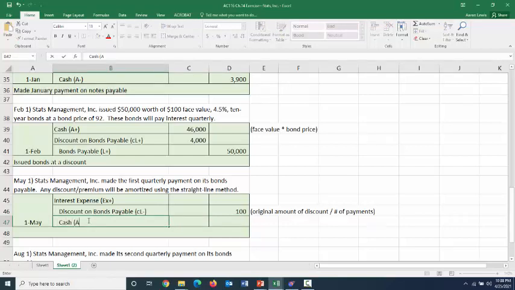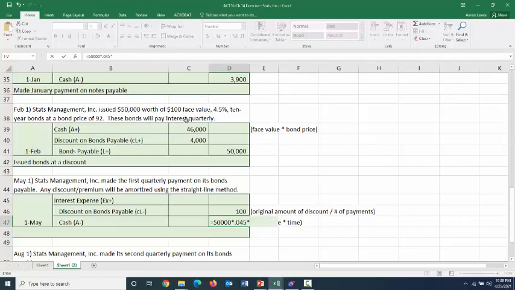Next up, we have a credit to cash for the actual amount of interest that we are paying, which you can find by taking face times rate times time. So what is the face value of these bonds that we are paying interest on? As we see in our February 1st entry, they have a face value of $50,000. The stated rate is 4.5%, so 0.045 in decimal form.